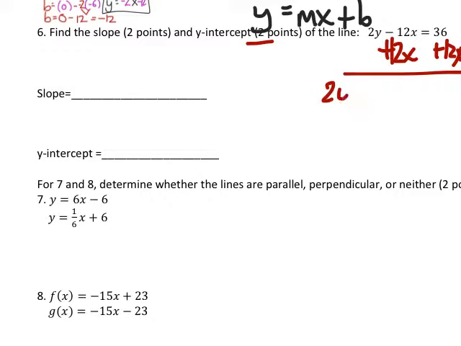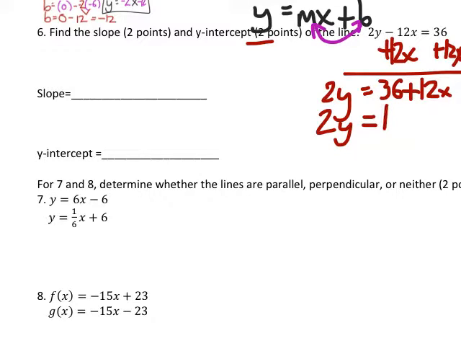And that would give me y equals 36 plus 12x. So all that's happened here is that my mx and b have switched places. If you want, you can change it so that you have 12x plus 36. That's the commutative property of addition.